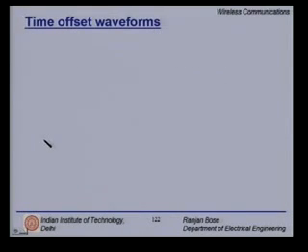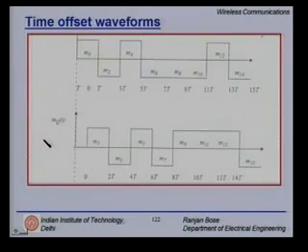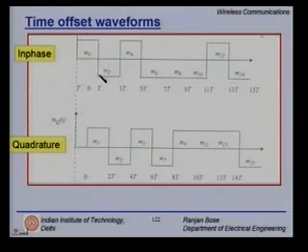So the solution is fairly simple. You generate two time offset waveforms, one for the in phase and one for the quadrature. So let's say for the in phase I have the following waveforms: 1 0 1 0 0 0 1 0, and for the quadrature again I have 1 0 1 0 1 1 1 0.